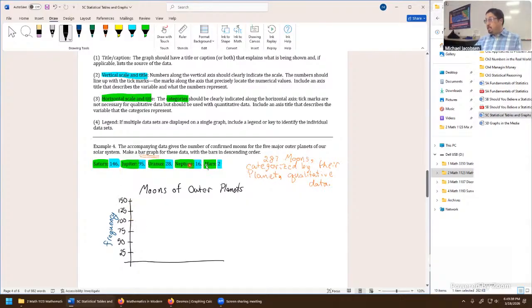Also, make sure that the minimum value is within the tick marks, as well as the maximum value. So we didn't start off at 125 because we have to go up to the very next one to include the 146. So we have a vertical scale. There's no 150, but this is going to tell us about relatively where the 146 is going to land. Any questions on getting the vertical scale down?